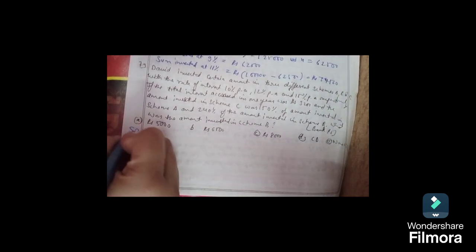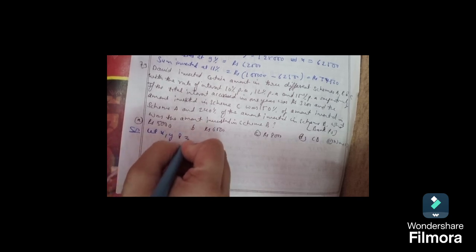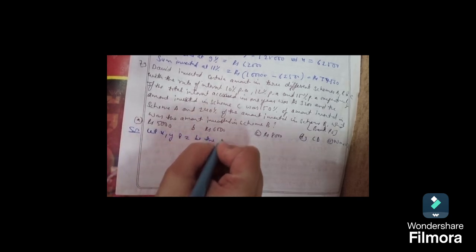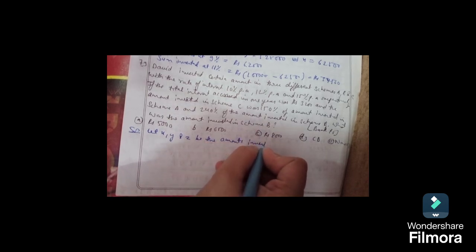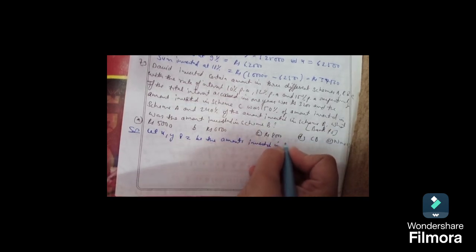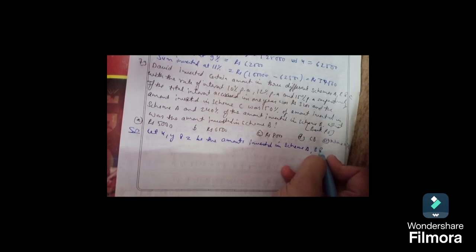So let's go for the same. Let the amounts invested in schemes A, B and C be x, y and z respectively.